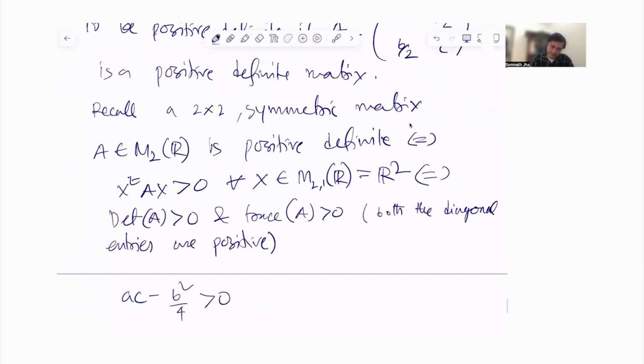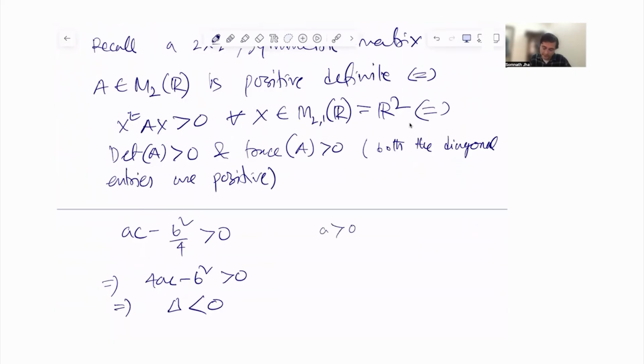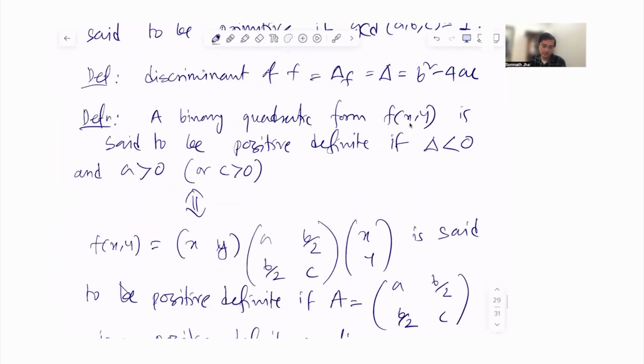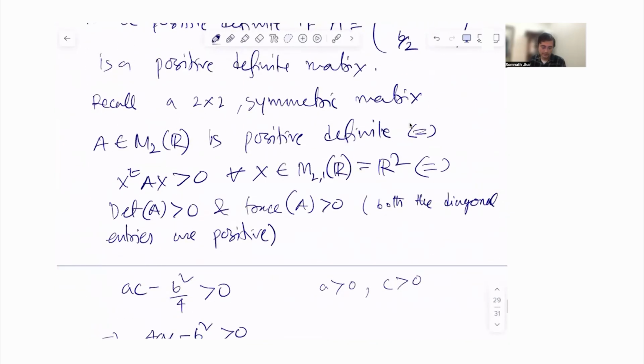This is positive, which implies 4ac minus b squared is positive, which implies the discriminant is negative. And of course, a is greater than 0 or c is greater than 0. If this determinant is positive, then for this symmetric matrix, if a is positive, then c is positive because the trace a plus c is positive. So these are all equivalent in the definition: a greater than 0, c greater than 0, or a plus c greater than 0.